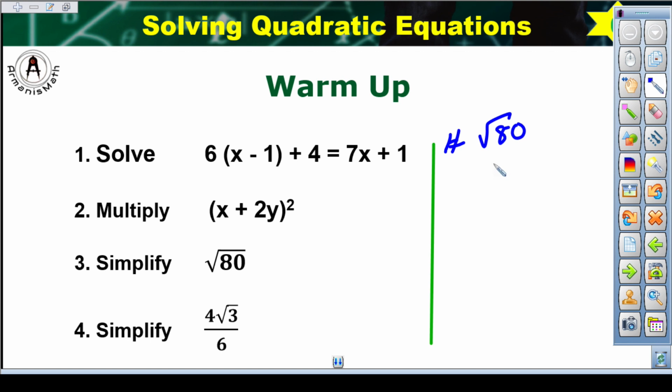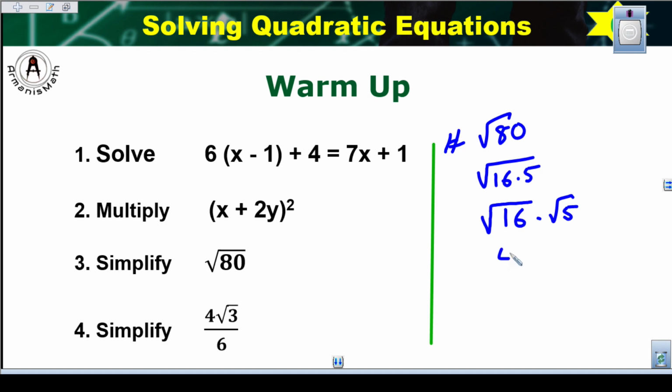So you were thinking of the 4s, the 9s, the 16s, the 25s, etc. So I know this is going to be 16 times 5. Also, you could divide by 2s. That's another way to do it, which is square root of 16 times square root of 5. And square root of 16 is 4, square root of 5. So the final answer is 4 square root of 5 for number 3. That was number 3.